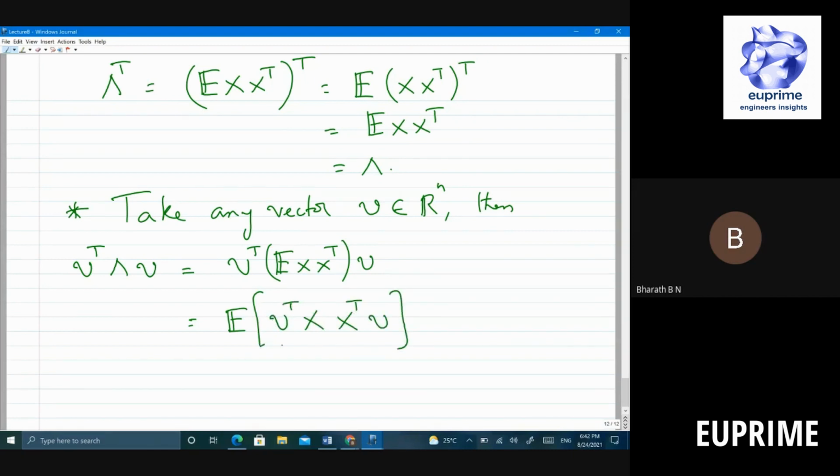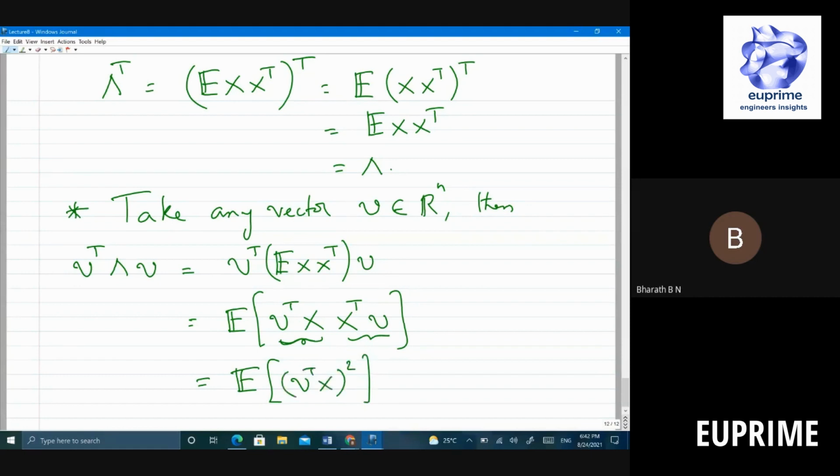Okay, what can you say about these two? V transpose x is a number, and x transpose v is also a number. But x transpose v and v transpose x, what is the relationship? Both are the same, right? If you take the transpose of v transpose x, I'll get x transpose v. But both are numbers, and the transpose of a number is the number itself. So they are the same. So this is nothing but v transpose x whole squared.